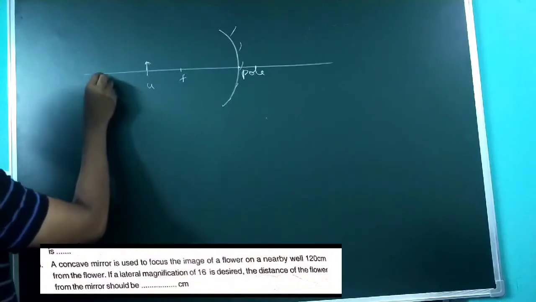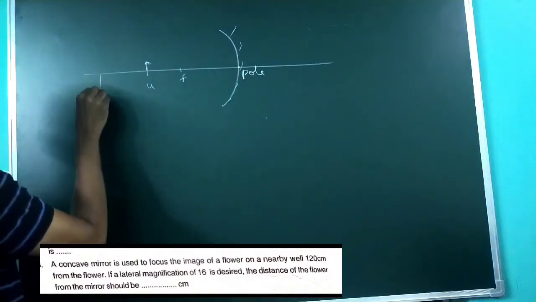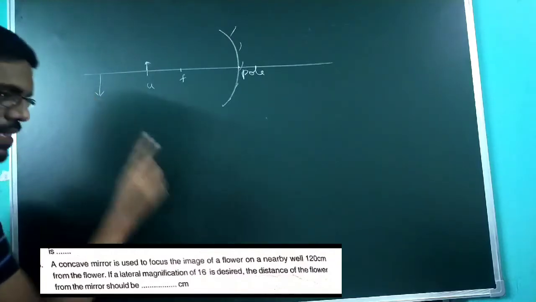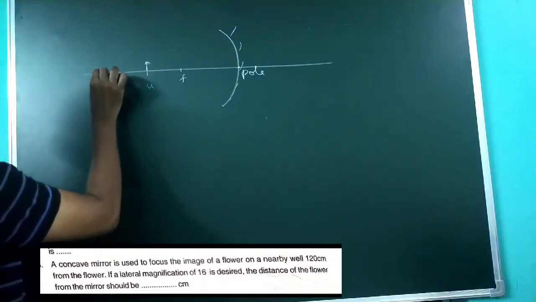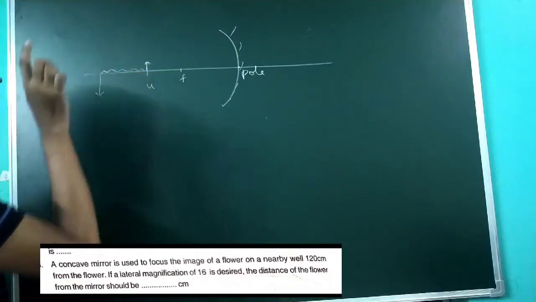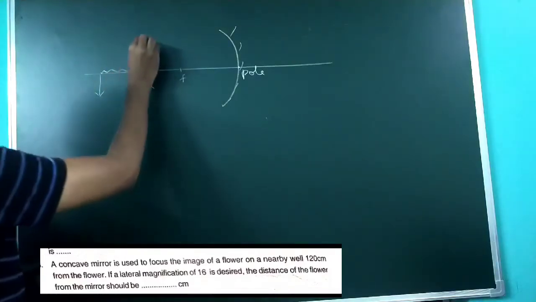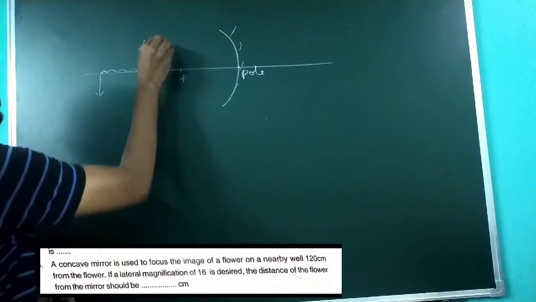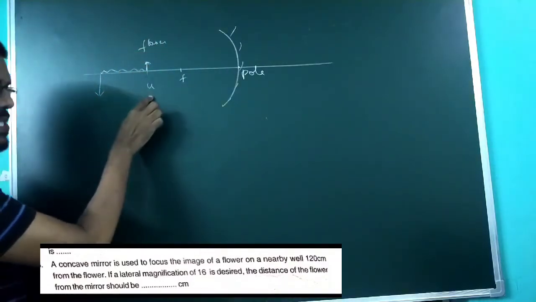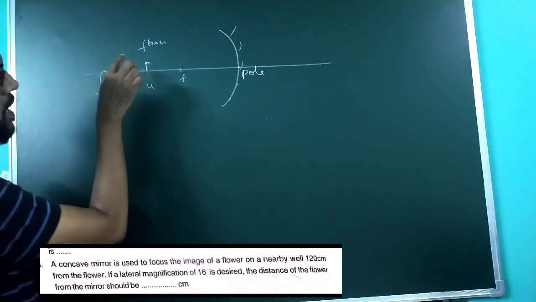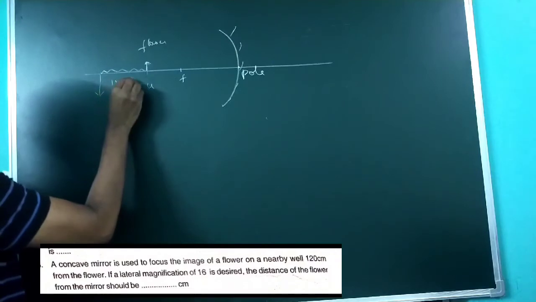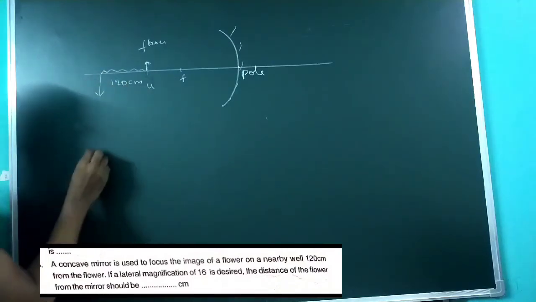Now this is the image formed by the concave mirror, and the question says indirectly that the image is 120 centimeter from the flower. That means U is the object distance, the flower, and the image is at a distance of 120 centimeter from the object.